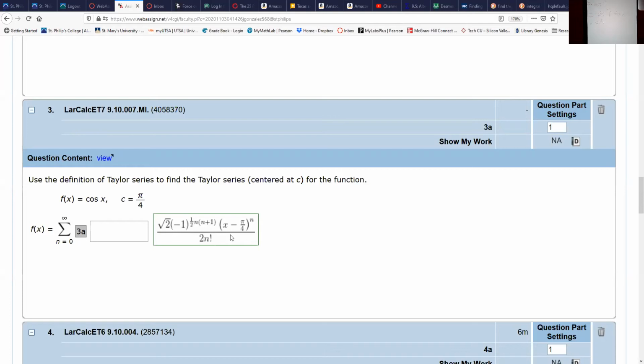So times the same answer that you got there over n factorial. So I'll put it like that. Okay, I think you're right. Do you want to write it down? I'm gonna write it down real fast.